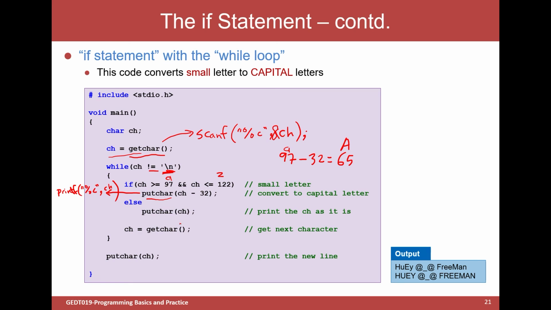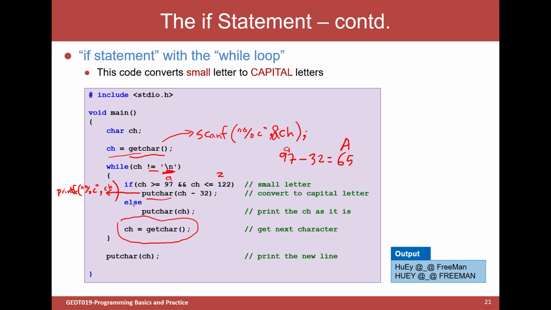Okay, and then read from the keyboard one more character. Is the character a new line? No, it's not an enter. Then print the character as a capital letter and read the character again.